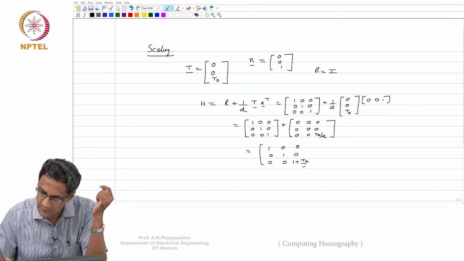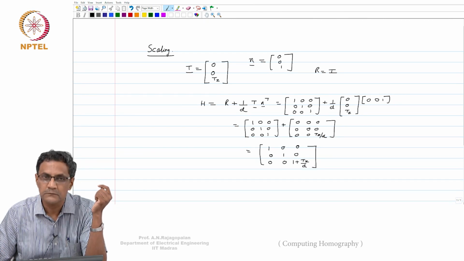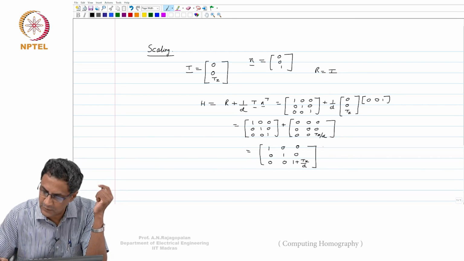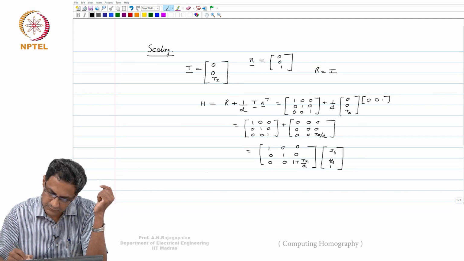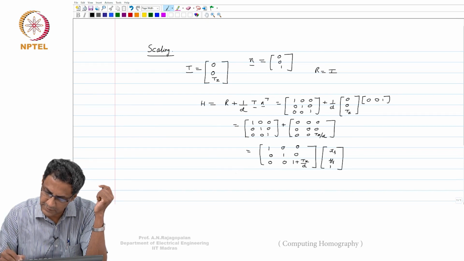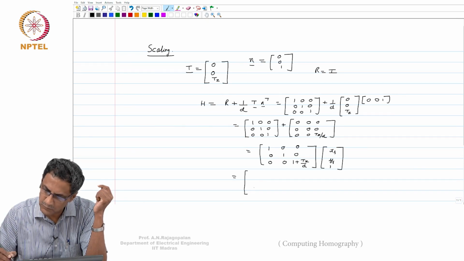So add the two up, and you will get 1, 0, 0, 0, 1, 0, 0, 0, 1 plus tz by d. Now act this on some xs, ys, 1 in order to know where it goes. So your xt will be xs, ys, and 1 plus tz by d.